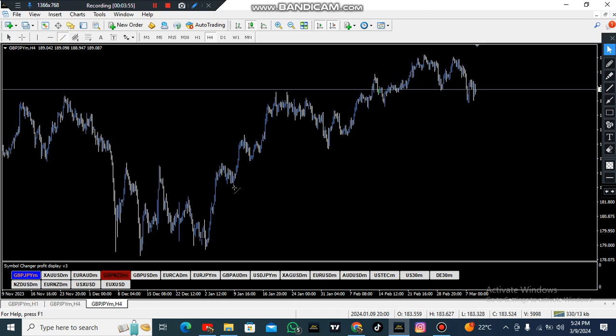So if you come to this low here, you will understand that when we draw our trend line from this low, we've managed to have more than 2 touches. The trend line is only valid when it has 2 touches or more, or rather 2 points and more. So this is the first touch, this is the second touch.